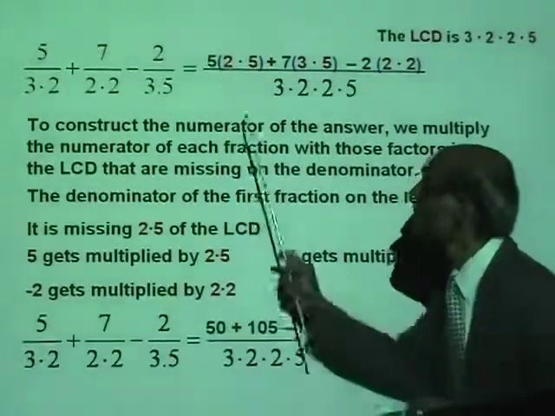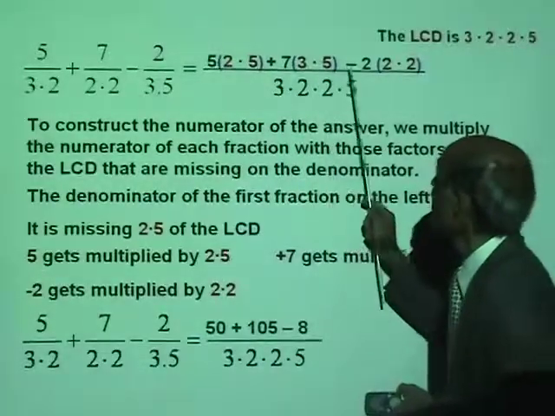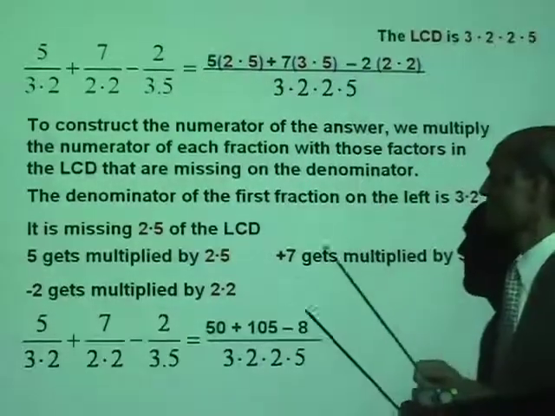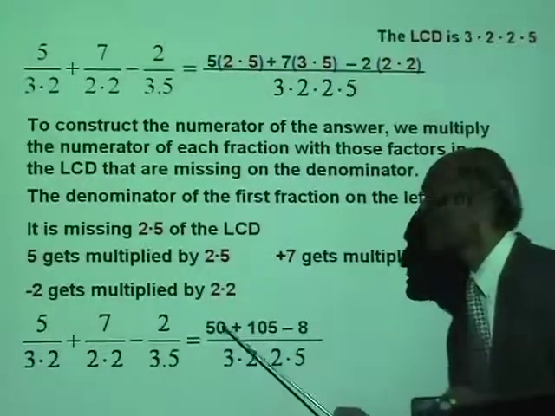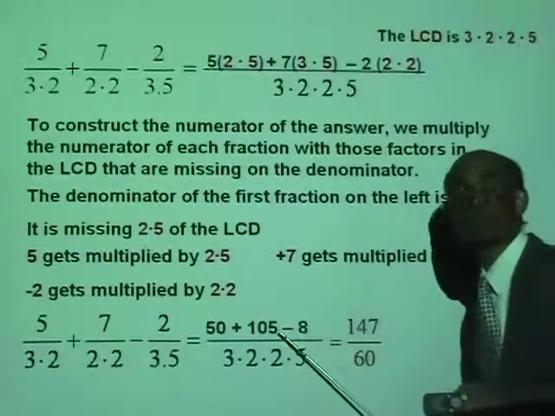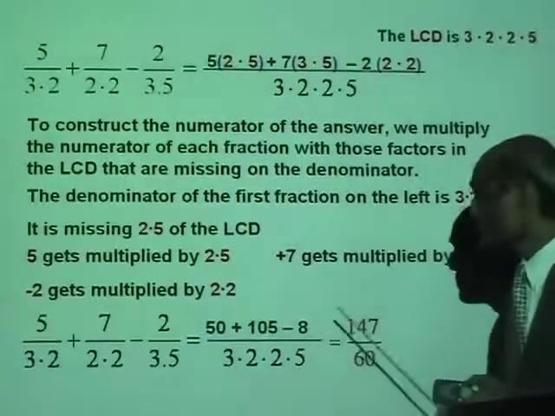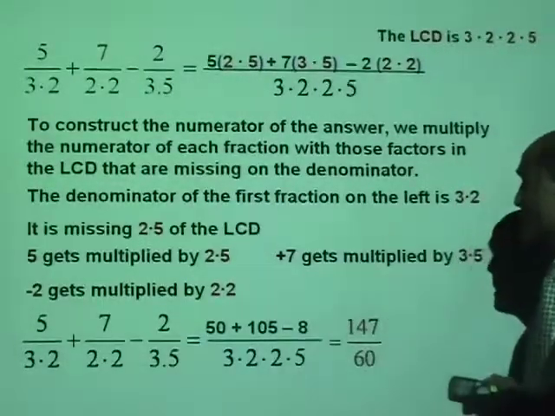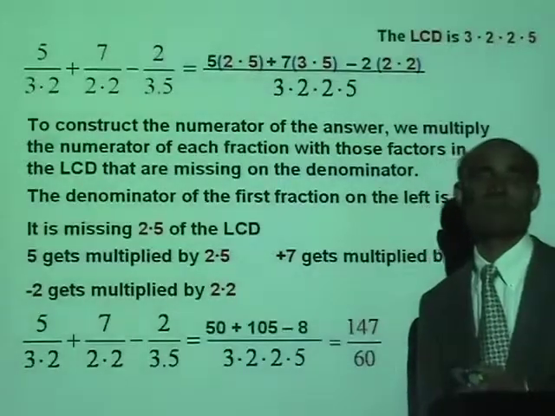So my numerator now is 50 plus 105 minus 8. And simplify that: 50 plus 105 is 155, and 155 minus 8 is 147. So the answer there is 147 over 60.